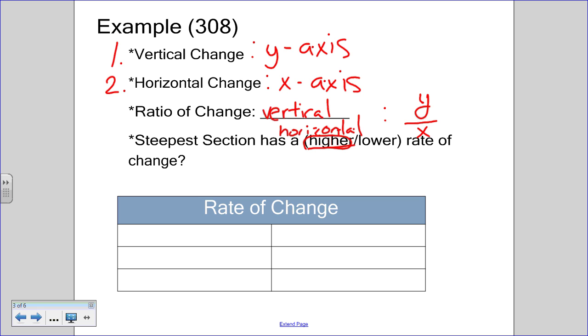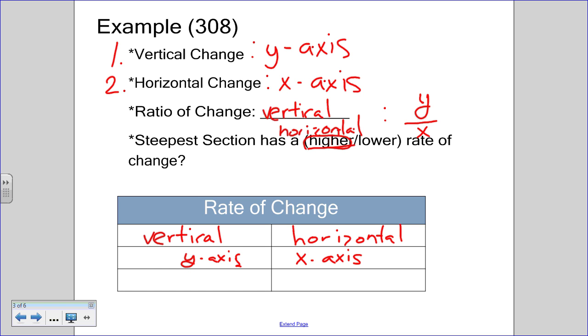Now when we're talking about rate of change, there's a couple different terms that you might hear being referred to. As we've said already, you could think of the vertical over the horizontal change. You might also say your y-axis or your y values over your x-axis or your x values.